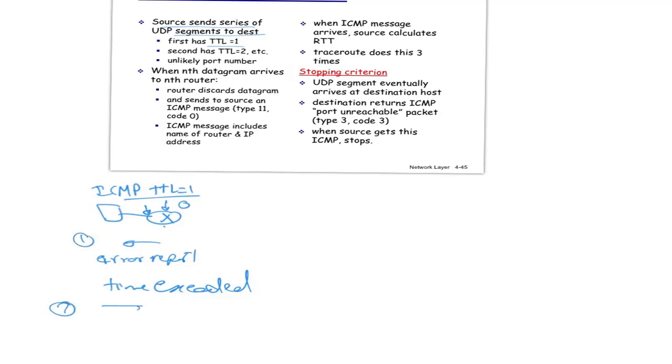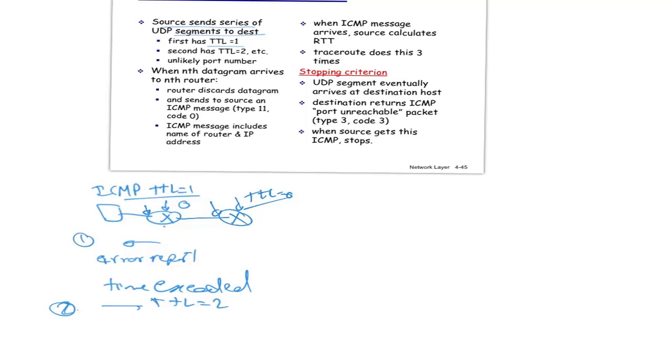Step number two, you send the same message, but this time with TTL equal 2, which means that it will go through the first router and stop at the second router, where TTL will be 0. So it will send you back an error, and you know this is the IP address where the packet came from.